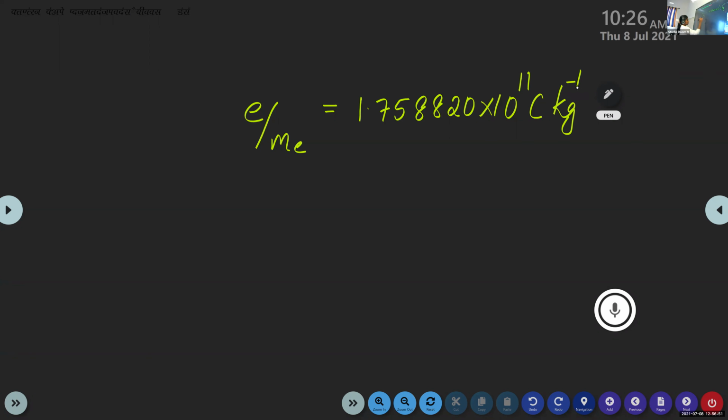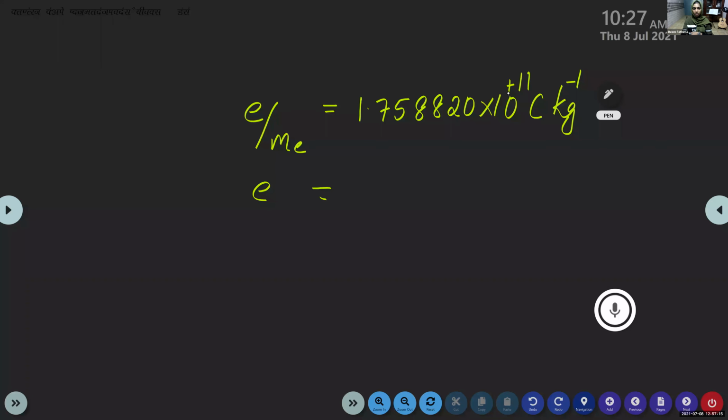Then we have the value of charge. It is 10 raised to 11, a positive value, not minus 11.